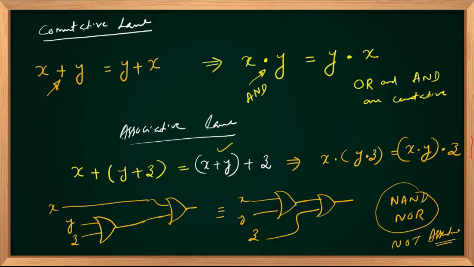You can expect a question based on that: which of the following is not associative? NOR and NAND operations are not associative. That you can keep in your mind. All other operators are associative.